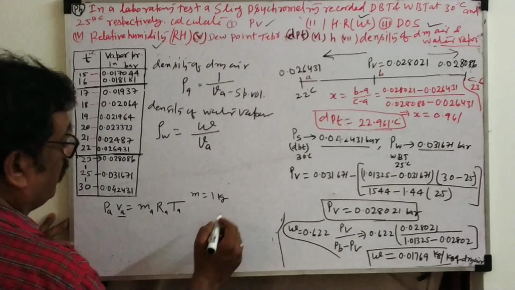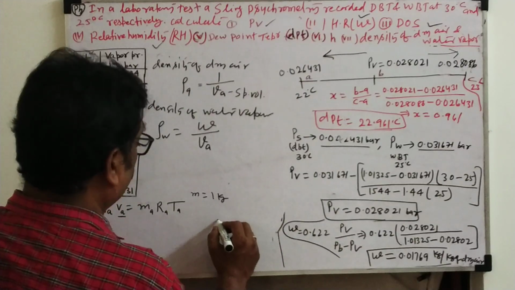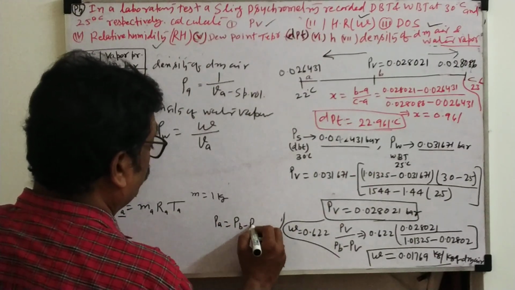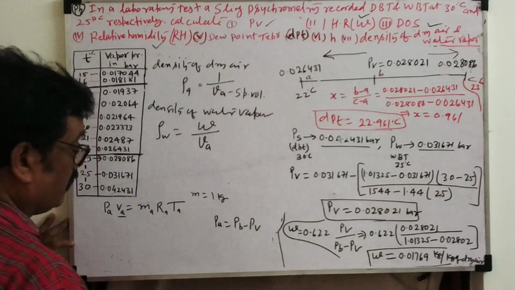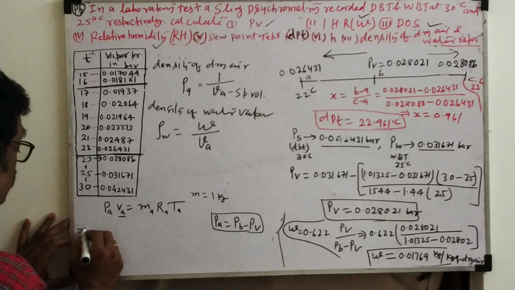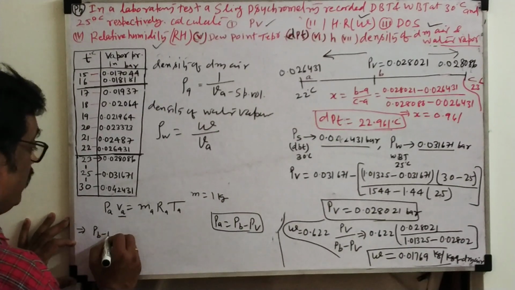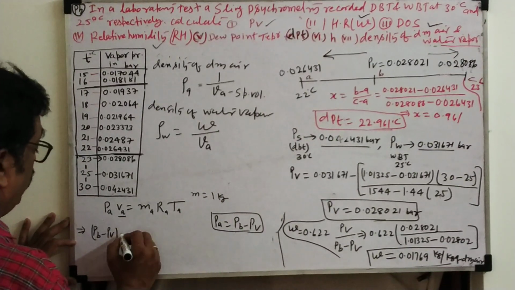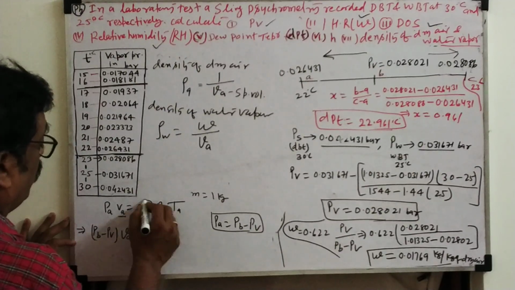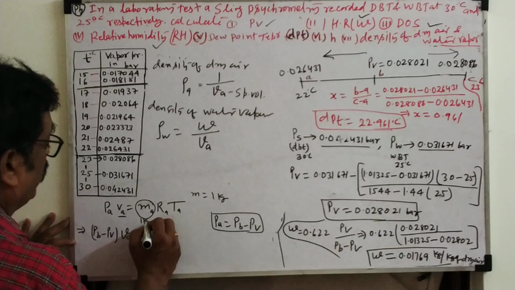So I need the partial pressure. What is Dalton's law of partial pressures telling? PA is equal to PB minus PV. This is called Dalton's law of partial pressure. So PA is equal to PB minus PV, into VA. Now this VA becomes the specific volume because we are considering M as 1 kg.